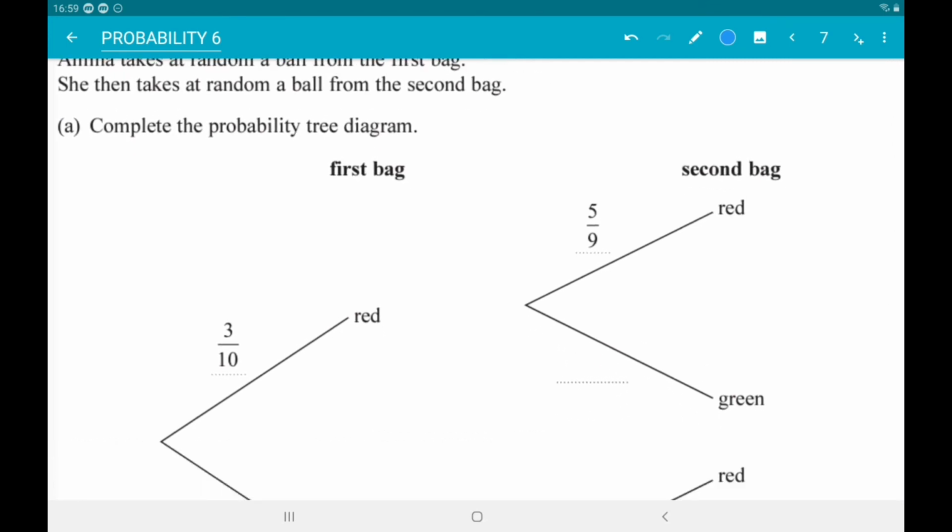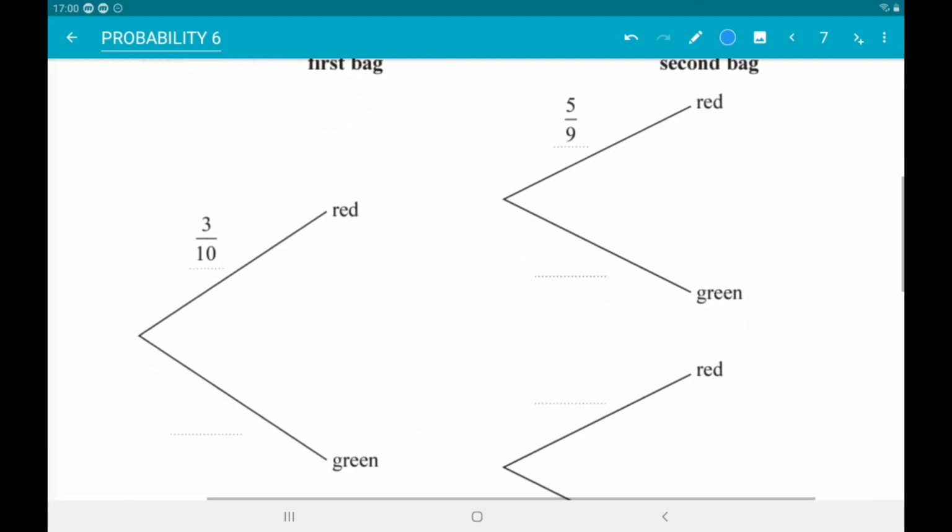Alright, so because we're picking balls from different bags, whatever we do in bag A, or the first bag, does not affect the second bag. So this is independent probability. So, in the first bag, red is 3 out of 10, so green is 7 out of 10.